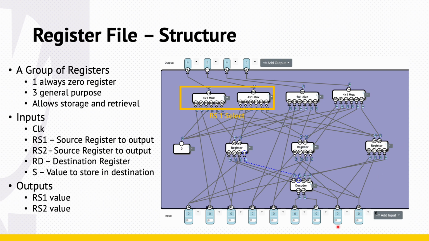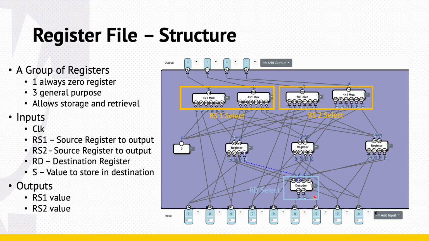And so on the next falling edge of the clock, whatever value is in this value input will be stored in this register. So we have these two multiplexers used to select the value that will be output as RS1, and we have these two multiplexers that are used to select the value that will be output in RS2.